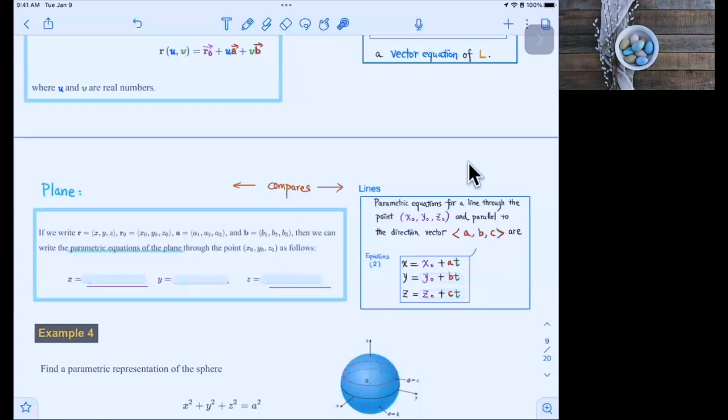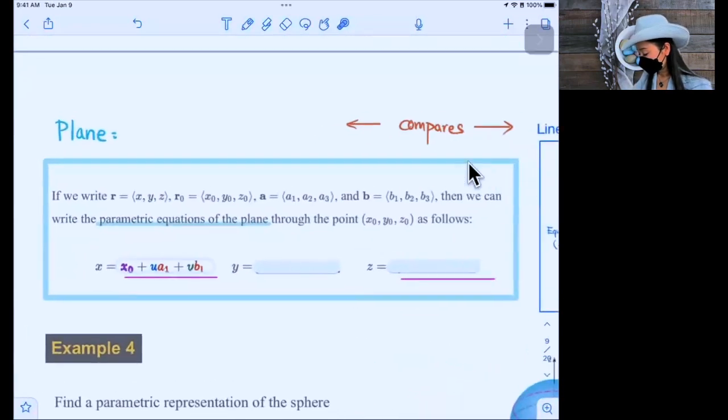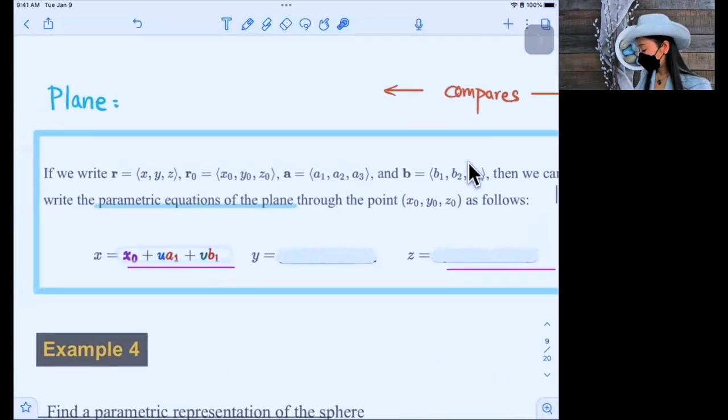We take the first component of this vector, multiply by the scalar u, and multiply this by the scalar v. So you would take this x naught over here, plus u times the first component of this vector A, and then plus v times the first component of this vector B. Okay, so that was for x.